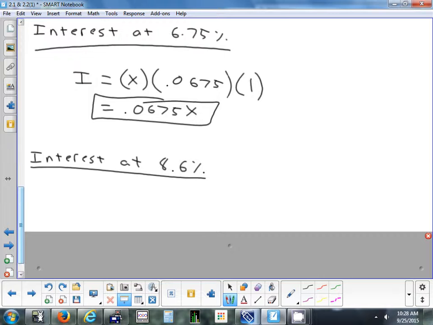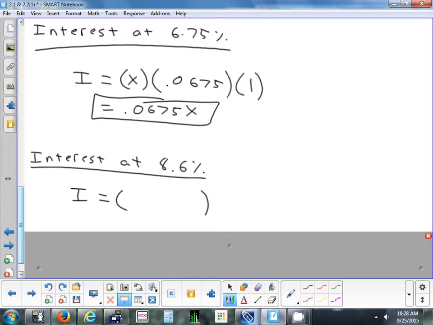All right, let's find out how much interest he's going to earn at 8.6%. First thing we need here is the principal. Well, Bill had $20,000 to invest. He already invested X dollars. How much does he have left?